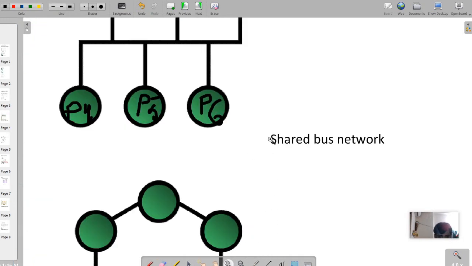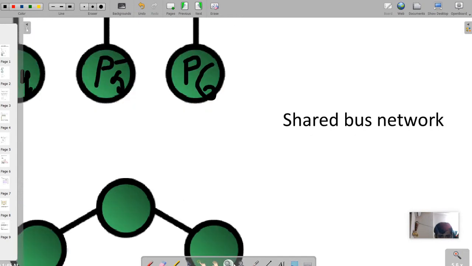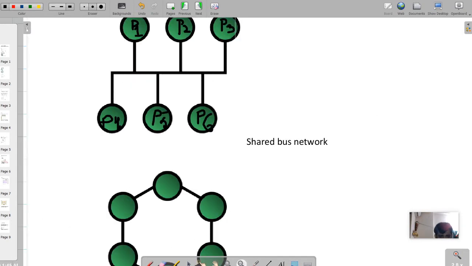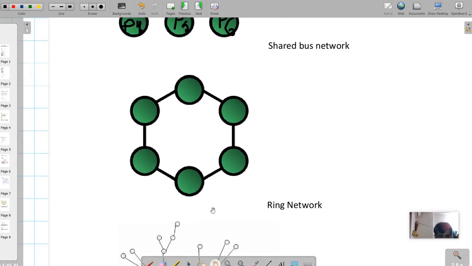And then come to the next diagram. Here you can see that different processors are connected with one another as a ring. As the look of the diagram suggests, this kind of network is called a ring network.